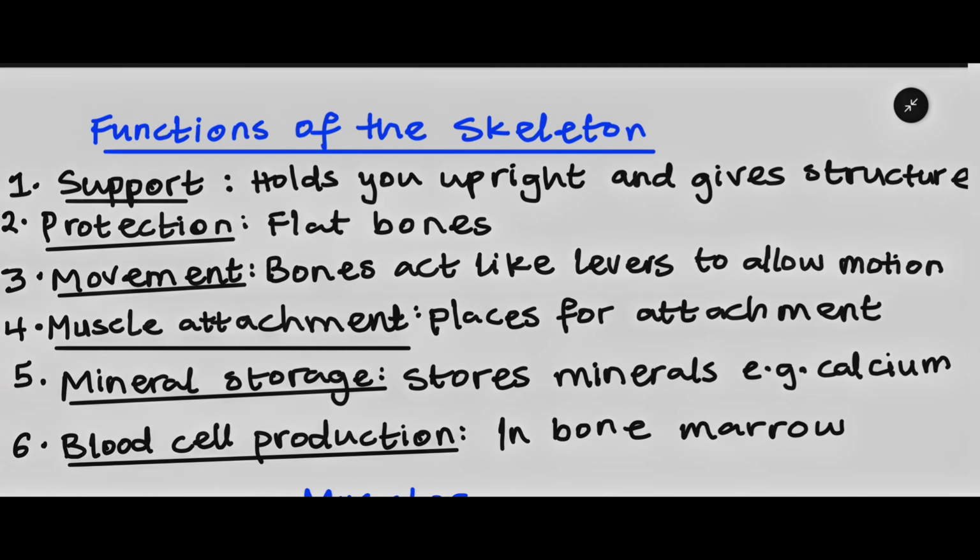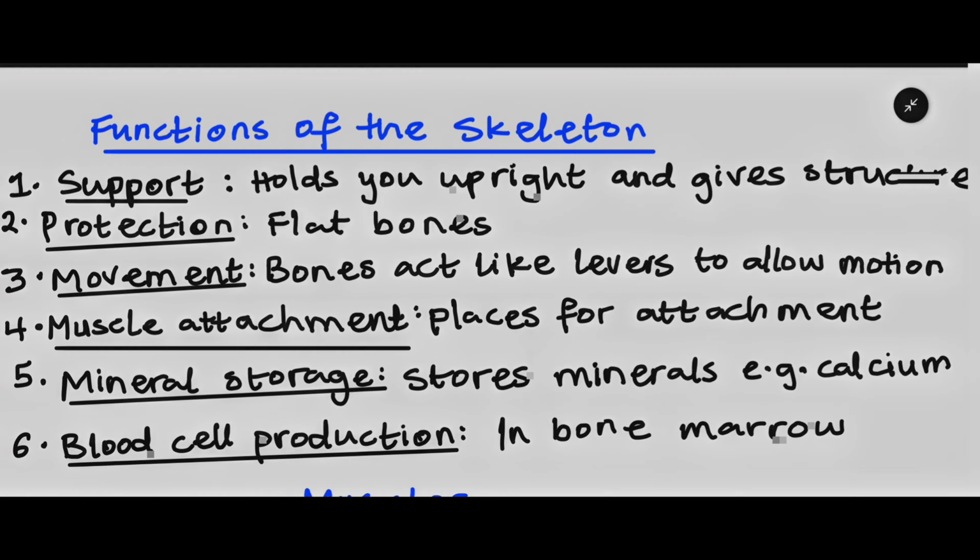Next, we have muscle attachment. The skeleton provides the body a shape, but it also provides places for muscles to attach, which again links to movement. Next, we have mineral storage. The skeleton stores minerals like calcium to help the bones be strong, and stronger bones reduce the risk of injury in sports. Lastly, we have blood cell production.